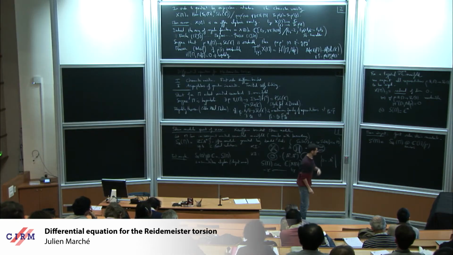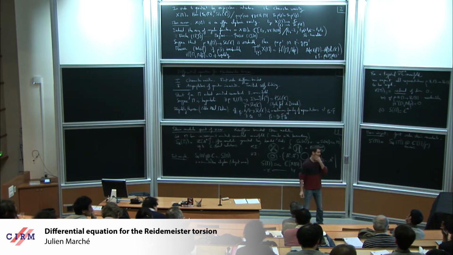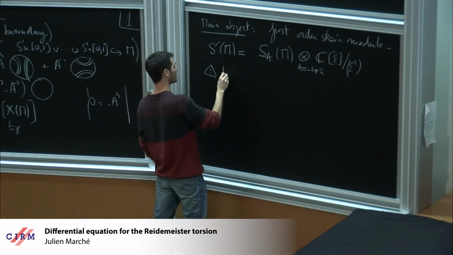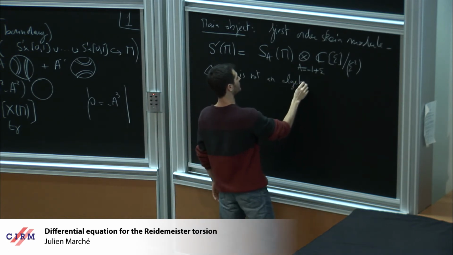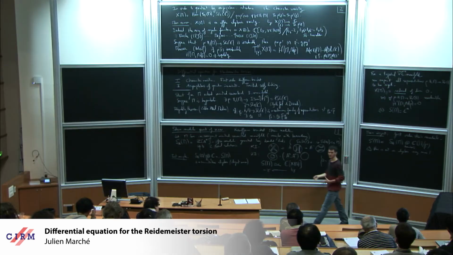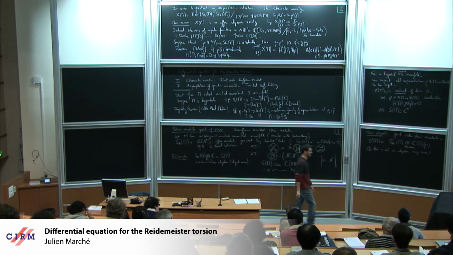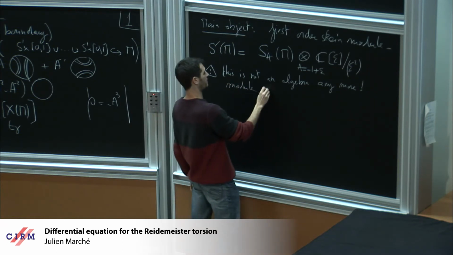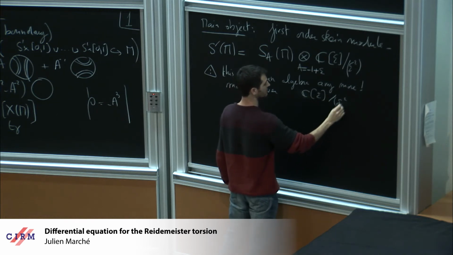That's what I want to study here, the first order skein module. The first point is that this is not an algebra of functions; there is less structure, it's just a module over C of epsilon modulo epsilon squared.